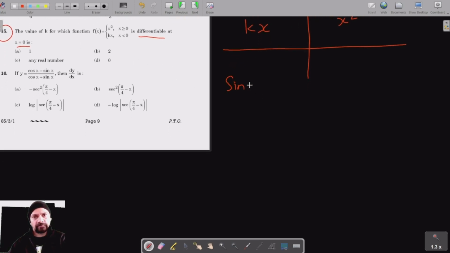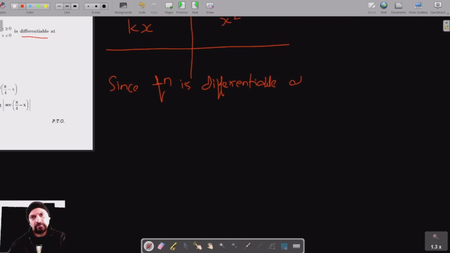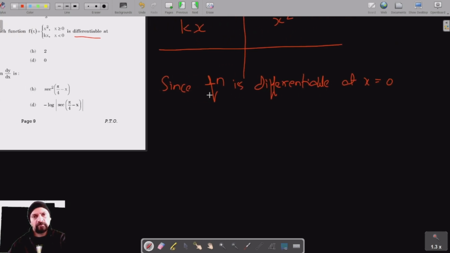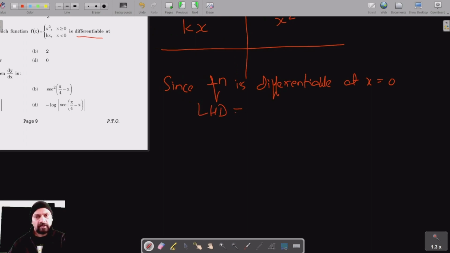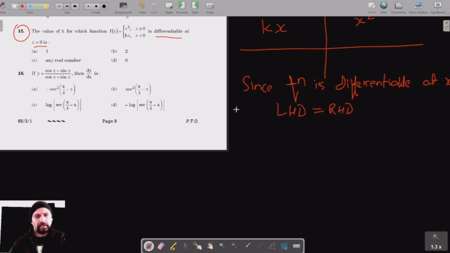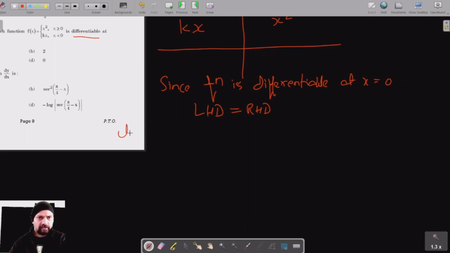Since this function is differentiable at x is equal to 0, that means the left hand derivative should be equal to the right hand derivative. And how do we find the left hand derivative? In terms of a limit.